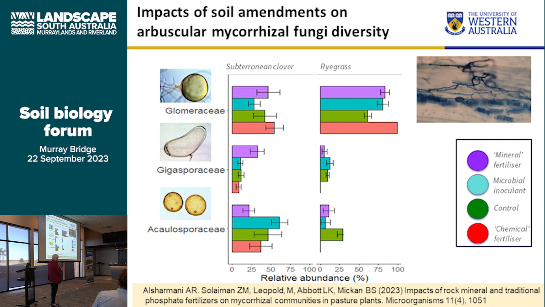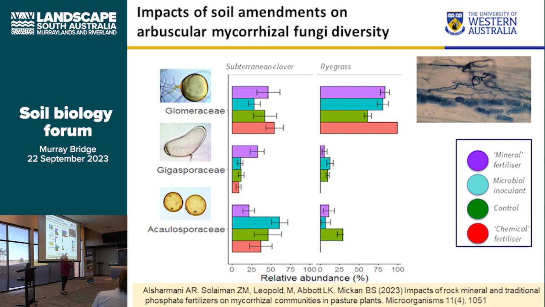Now, I'm going to not look at the details of the treatments in this case, but the point is that you do get a difference in the dominance of some of these fungi. You get more of these in this than in that, for example. And for this one, this treatment, the chemical fertiliser enabled some fungus to get into these roots, but not into these roots.